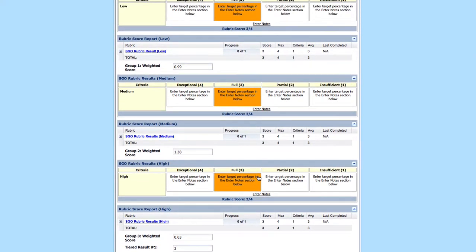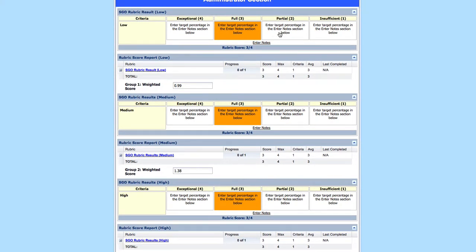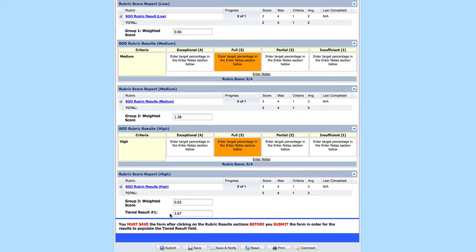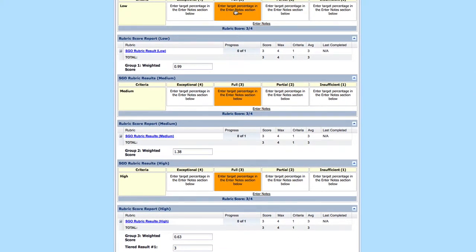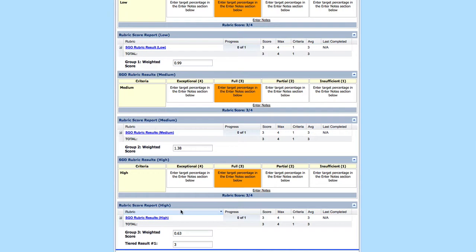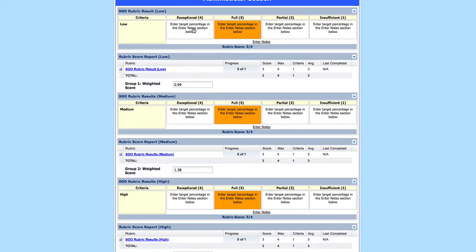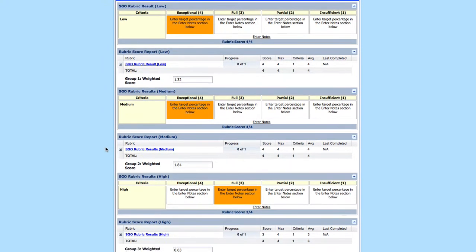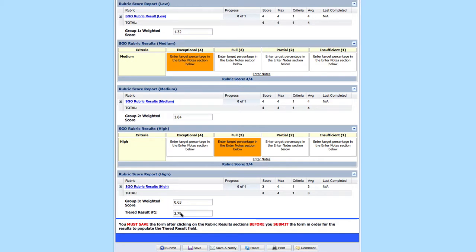So this will change. These numbers, if your SGO groups are different, these numbers will start to change the final tiered result. So it's a 2.67 now. So all 3s mean it's a 3. If you are exceptional here and here, you have a 3.79.